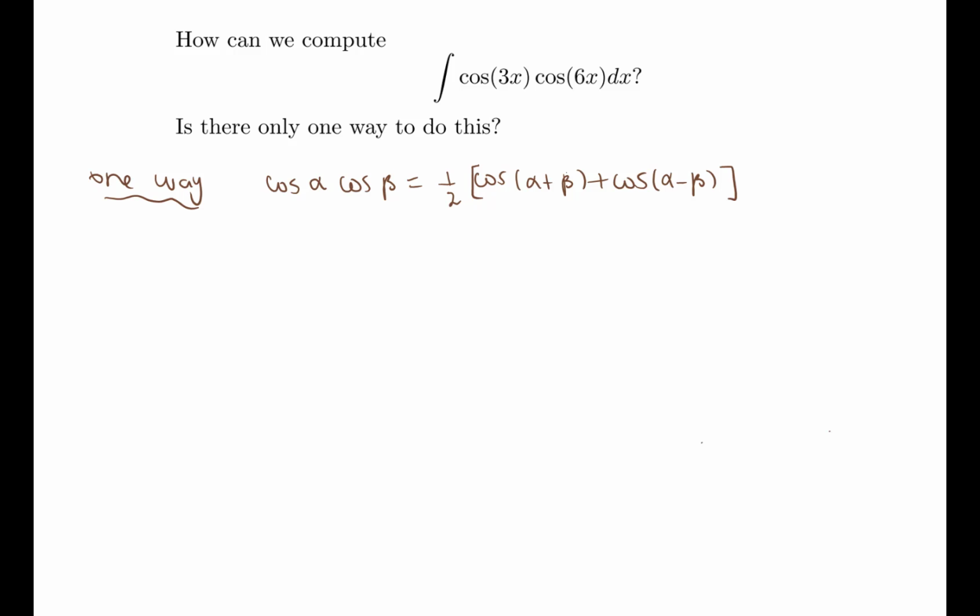So when we use that formula with alpha equals 3x and beta equals 6x, we find that the cosine of 3x times the cosine of 6x equals a half of the cosine of 3x plus 6x, that's 9x, plus the cosine of 3x minus 6x, and that's minus 3x.